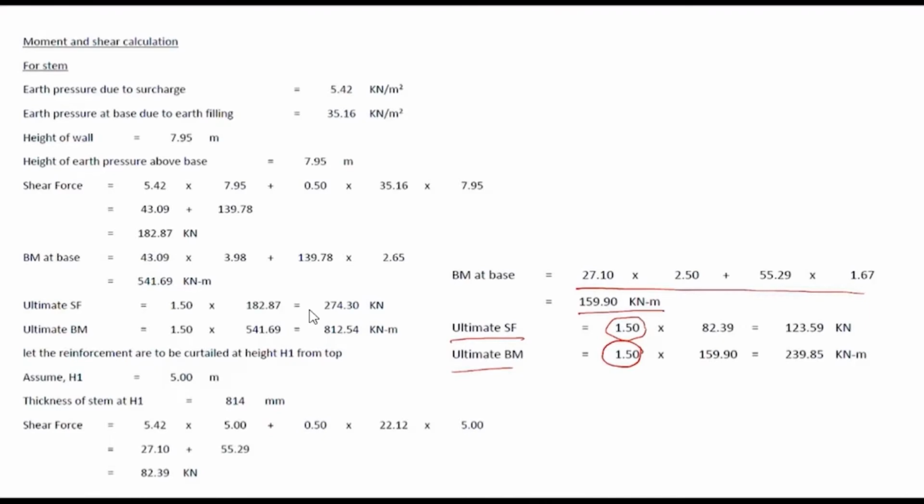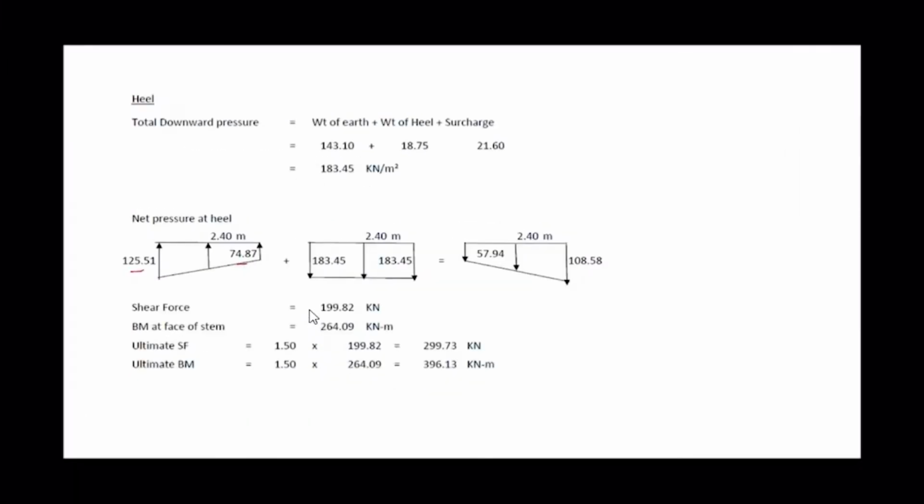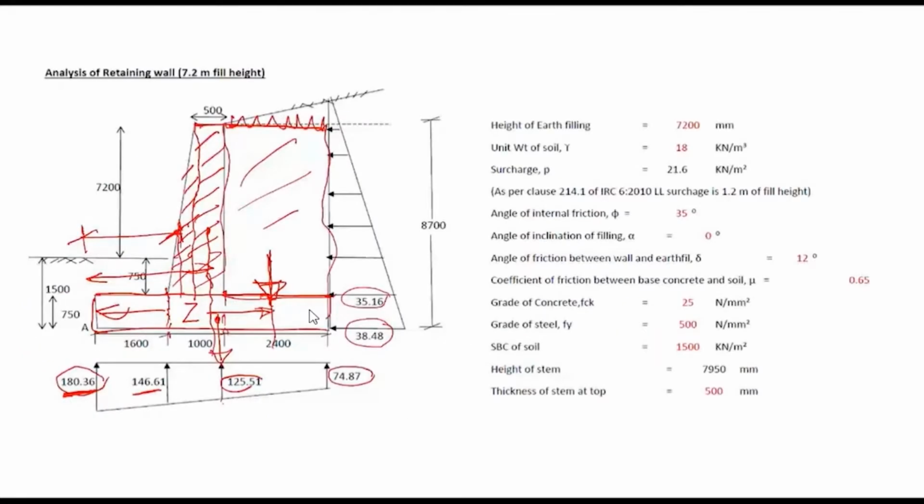Now to calculate the bending moment for the heel slab, we have calculated that the bending moment due to net soil pressure at the heel is 251.51 and 74.87. That we have calculated from here, from interpolation of these two extreme values, and how we did that was P over A plus minus M over Z. So this value is 180 and 146, and for the heel it is 125 and 74.